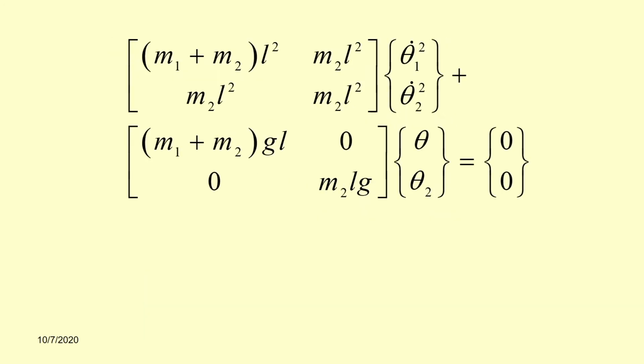The equation of motion can be written in this matrix form like this. Here it has been taken that this is theta 1.